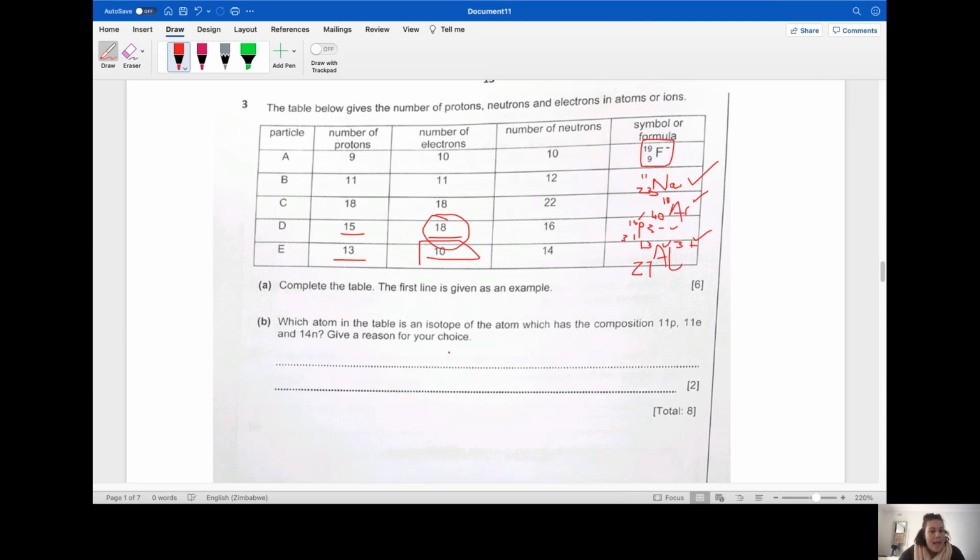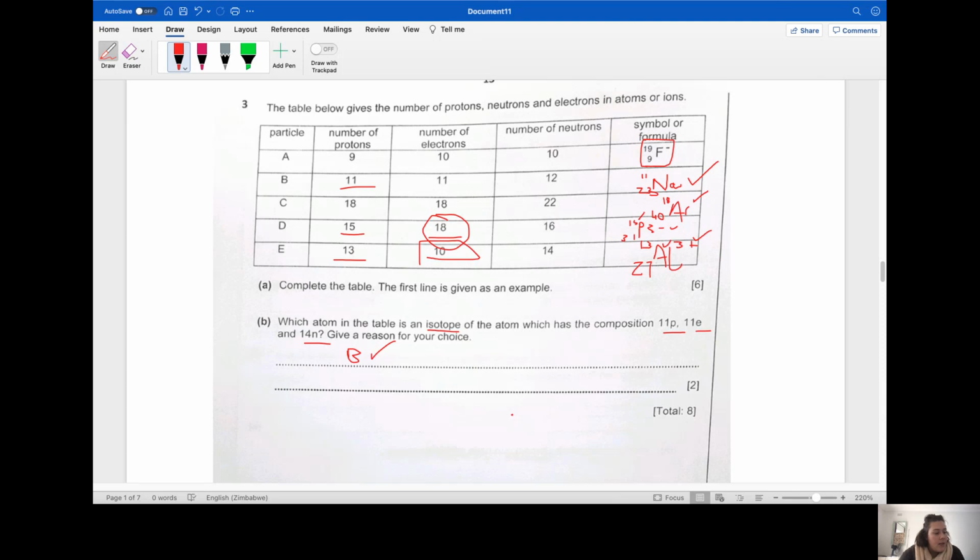Okay. Which atom in the table is an isotope of an atom which has 11 protons, 11 electrons, but 14 neutrons? Okay. All you had to do was find which one here has 11 protons. Okay, so it's B for 1 mark.